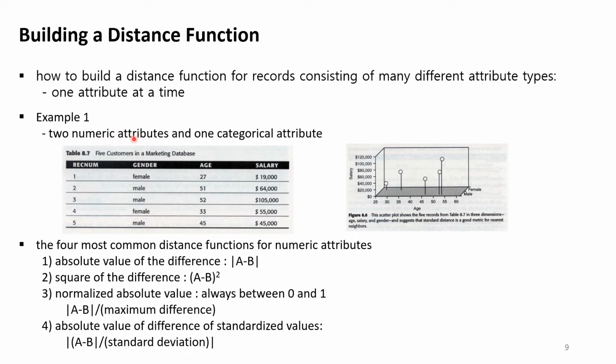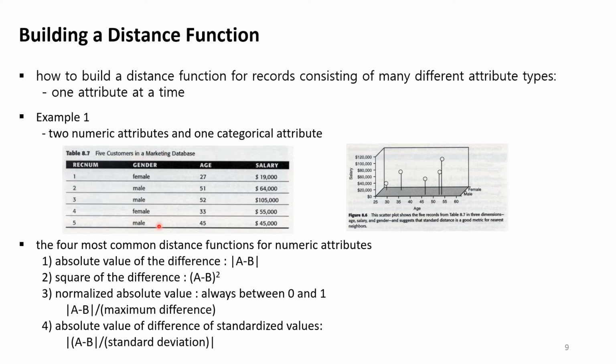If the attribute is numeric, we use one of the methods here, and if the attribute is categorical, we're going to use a method in the next slide. By the way, this picture shows the data displayed in a 3D coordinate system. Anyway, let's compute the distance.